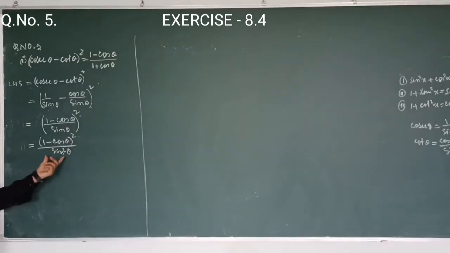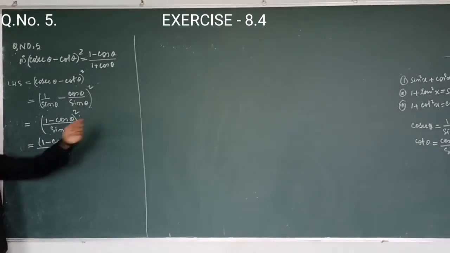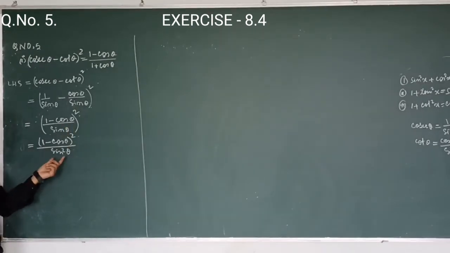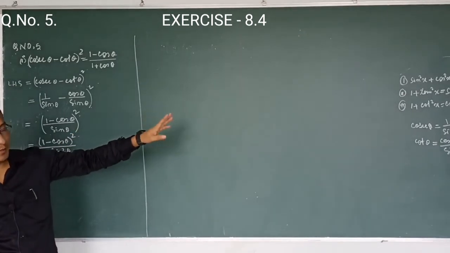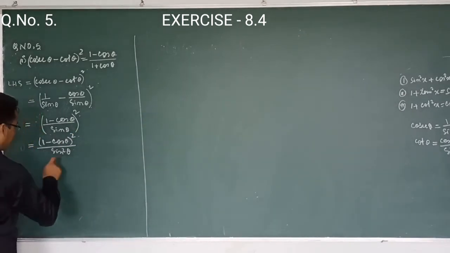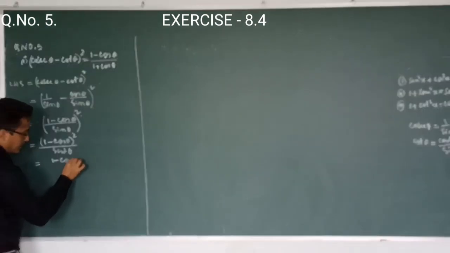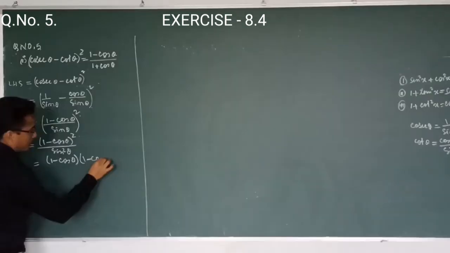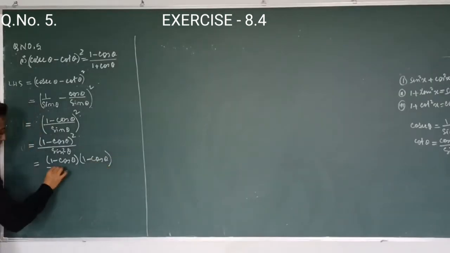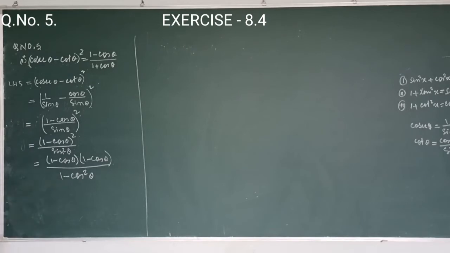In the denominator we use the first formula: sine square theta becomes 1 minus cos square theta. The numerator is (1 minus cos theta) whole square, which means 2 times.